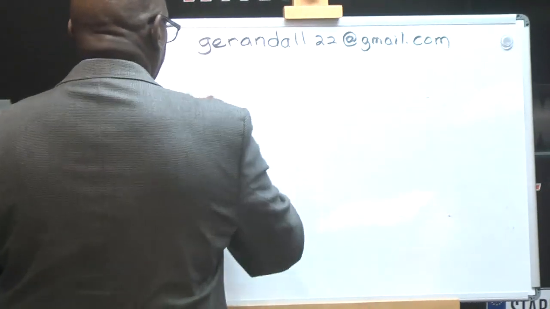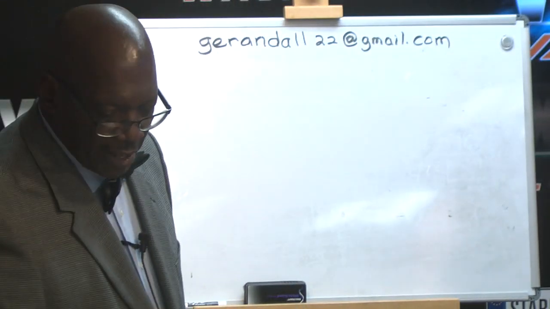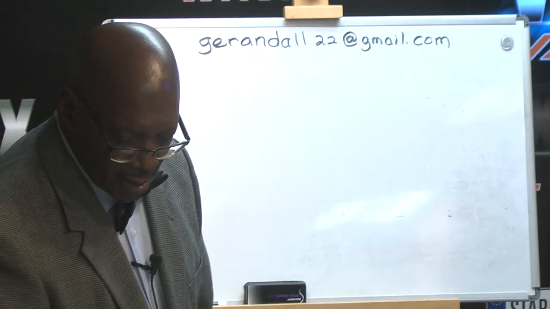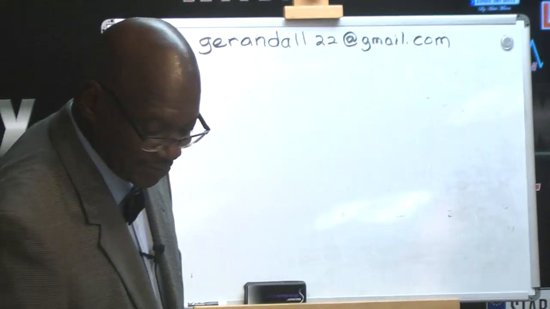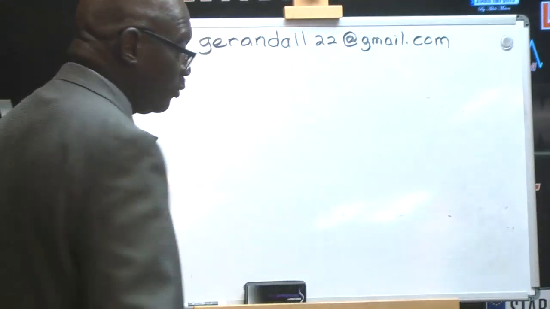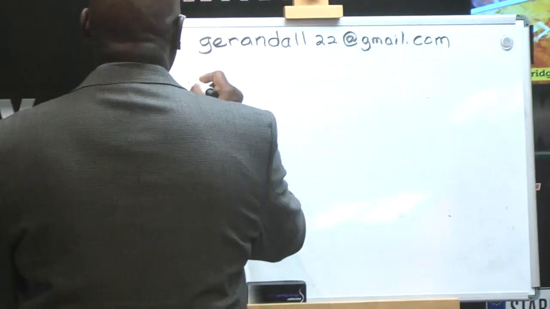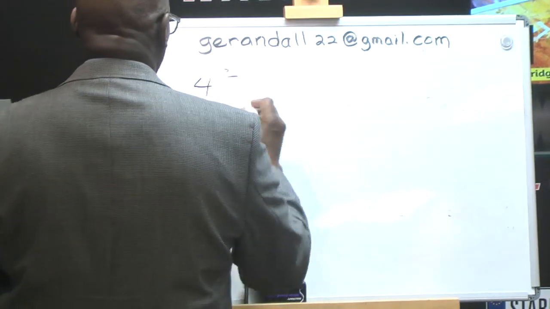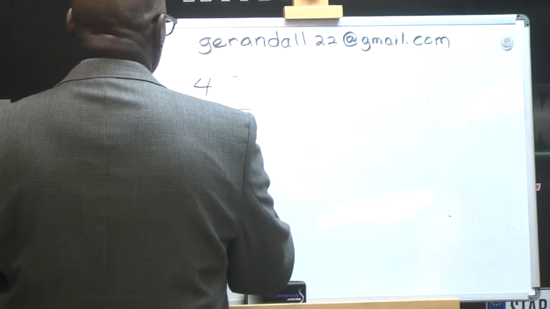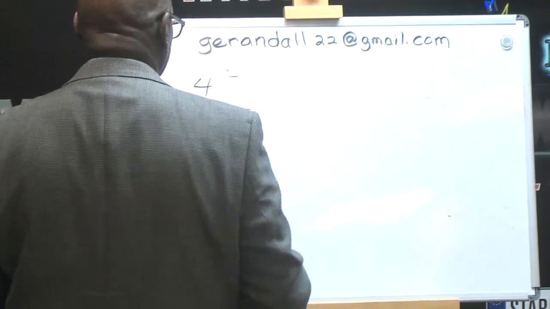Now today we introduced just some basic properties of multiplication of exponents. And we'll do one more, and this has to do with division, where we have to simplify 4 to the second over 4 to the fourth power.